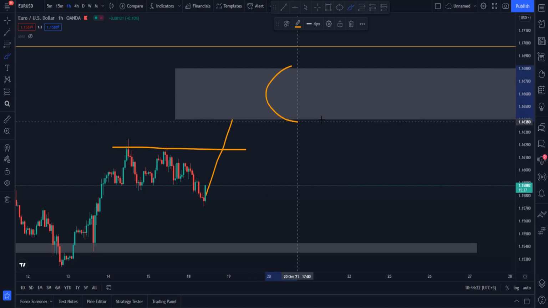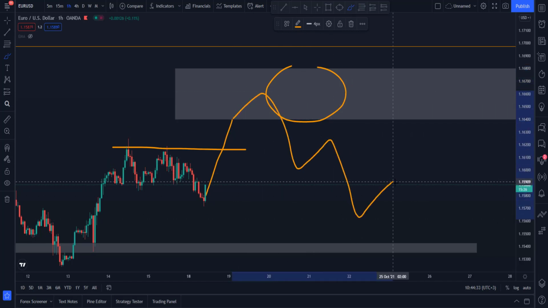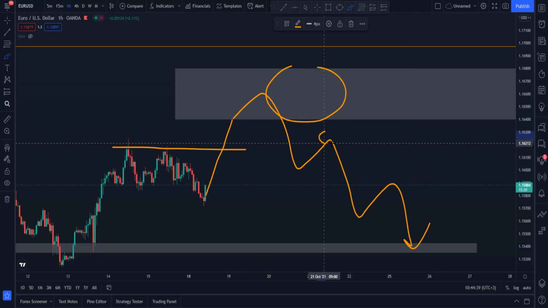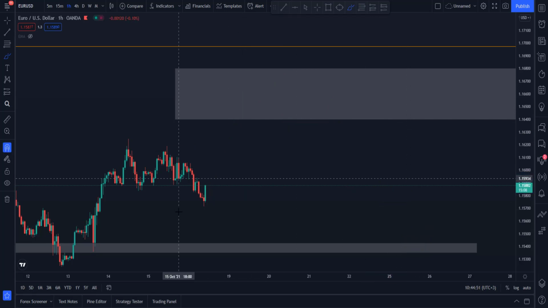Plot out this zone on your chart as well, and wait for price action to come up here. Once it does, we can then expect a structure to the downside, and price will give us some entry opportunities alongside this move. If not, I've already mentioned what the other option is.